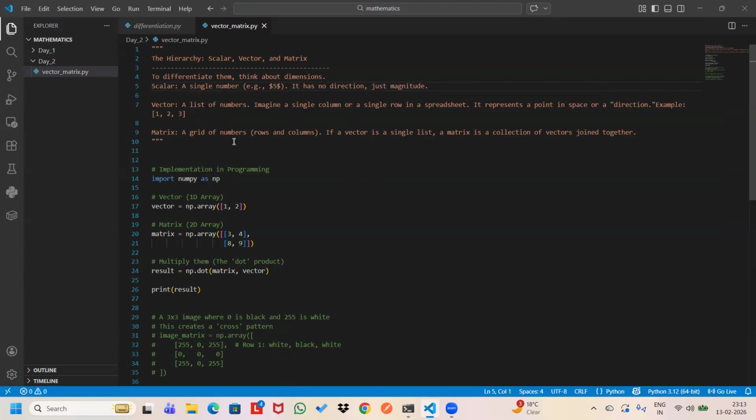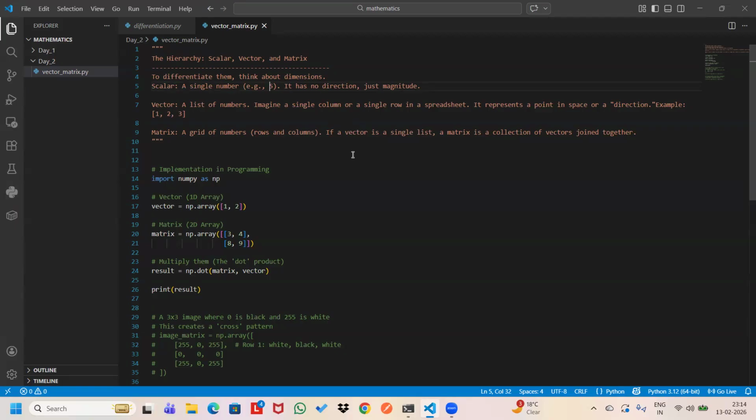Scalar is just a number. Whatever you mention, suppose one, two, three, or it can be a negative number, it can be a floating number. In Python, we know that there are some data types like int, float, and also complex. So if there is only a single number, then it will be counted as scalar.